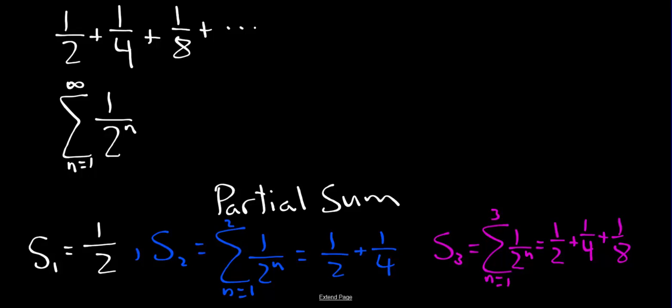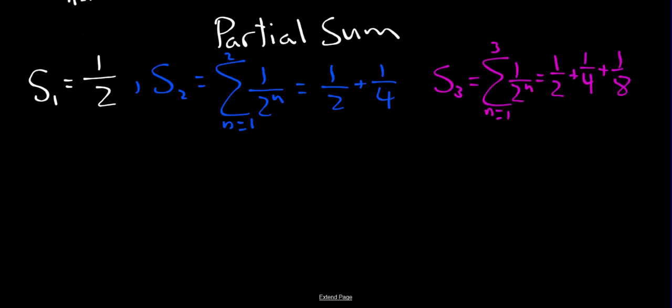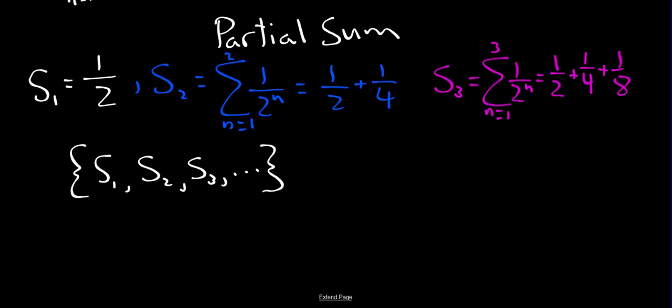One of the things you'll notice as we do these partial sums is that they are terms of a sequence. You could look at it that way. In particular, this one is 1/2.